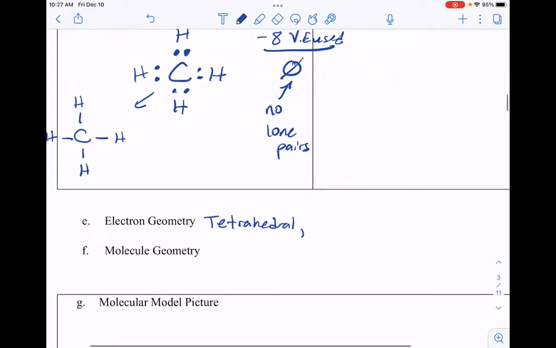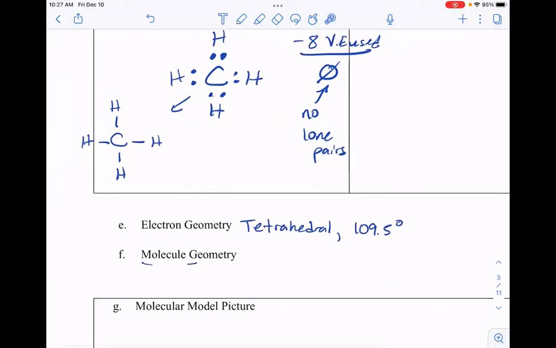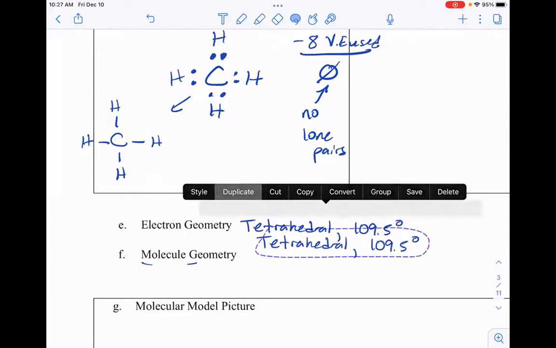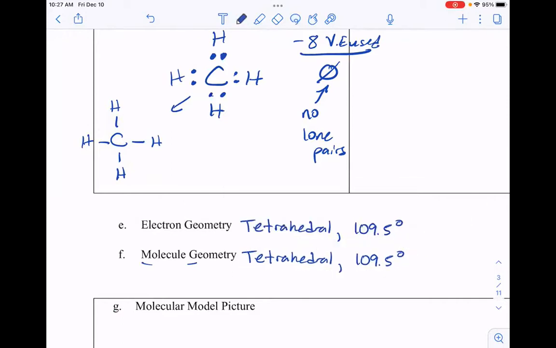Bond angle for tetrahedral? 109.5. Okay, very good. What's the molecular geometry? So out of all of these surrounding electrons, how many of them are bonding? How many of them are not bonding? And what's the shape? What's the bond angle? Tetrahedral, 109.5. Yep, very good. So it's tetrahedral.